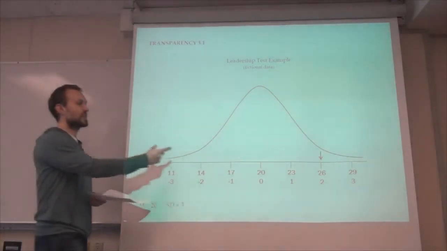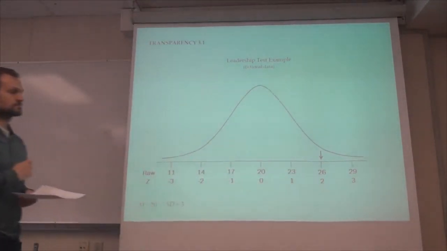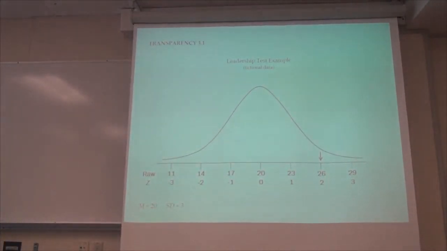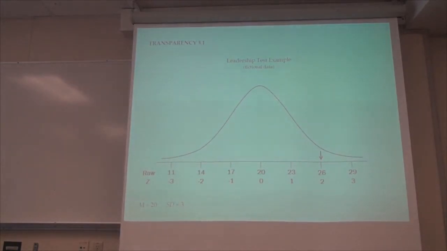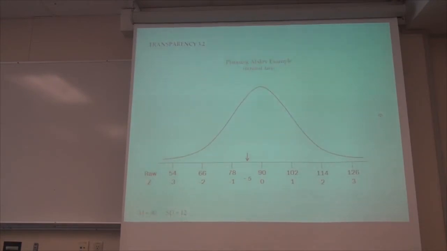It sits 2 standard deviation units from the mean. So I can use the standard deviation to measure distance from the mean when I have this normal distribution, this bell shape. Let's go to the next example.